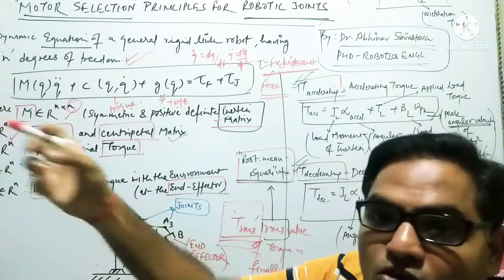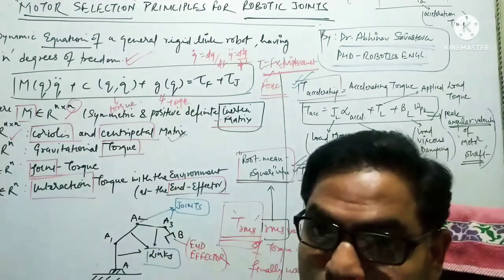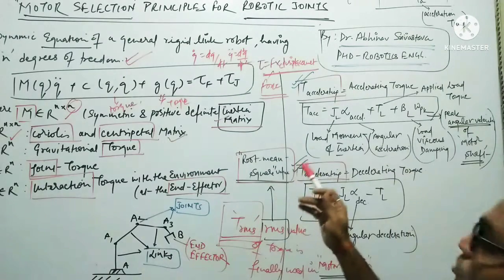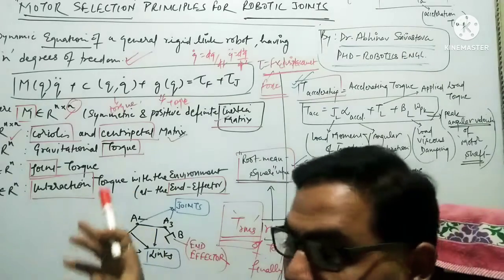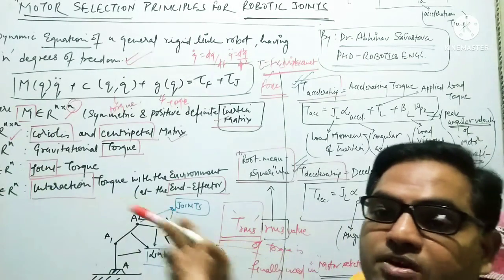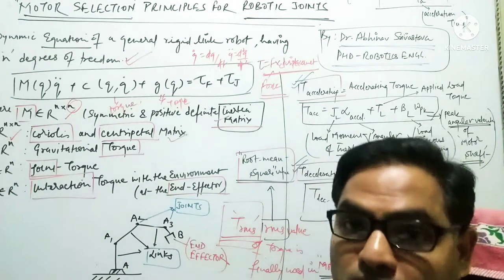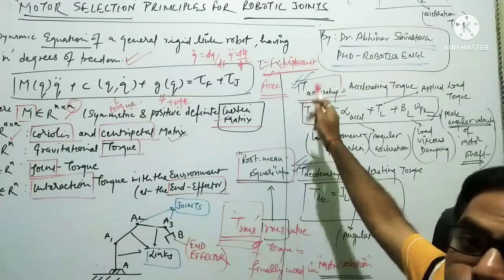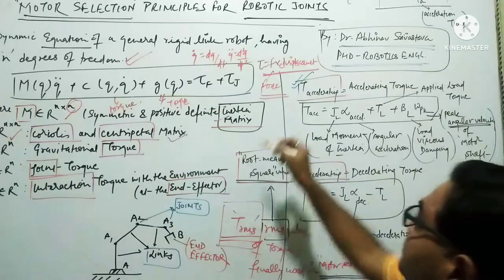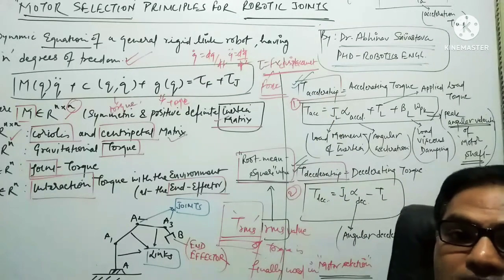And when we release an object or have to back off, a decelerating torque should be there. Both of these torques should be considered, so that both grasping of the object as well as retrieving can be easily monitored and controlled. That's why we have calculated two torque parameters apart from this equation: the accelerating torque and the decelerating torque. That's what I have discussed here.